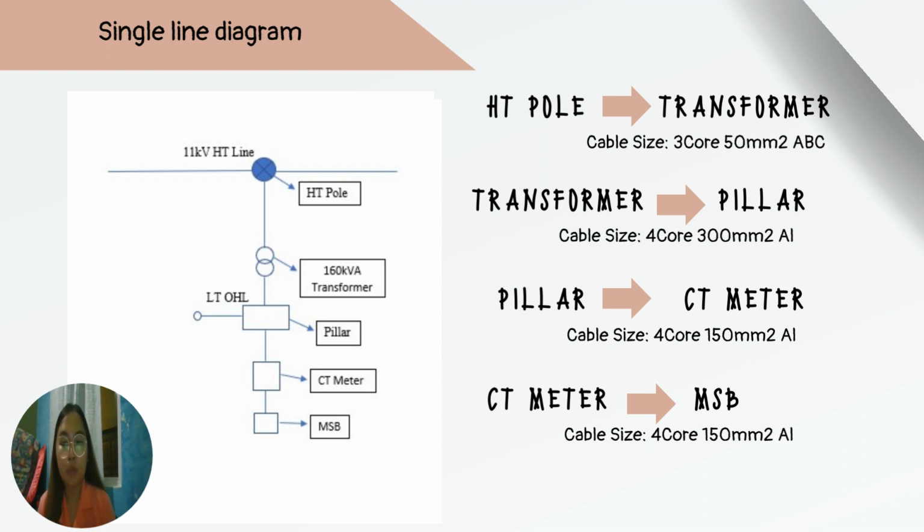The cable used from HT pole to transformer is 3 core 50 millimeter square ABC aerial bundle cable, while from transformer to pillar, the cable size is 4 core 300 millimeter square aluminium. From pillar to meter, the cable size is 4 core 150 millimeter square aluminium. Last but not least, meter to MSB is 4 core 150 millimeter square aluminium.